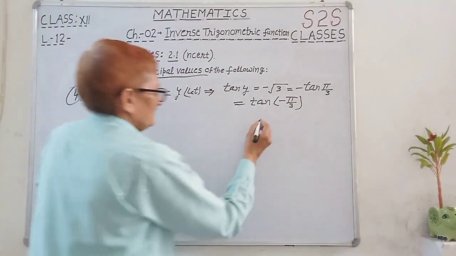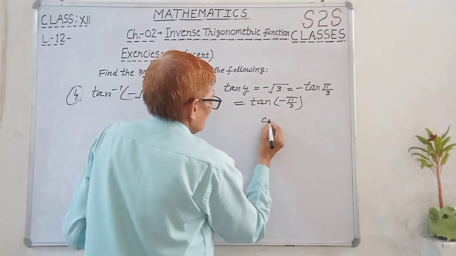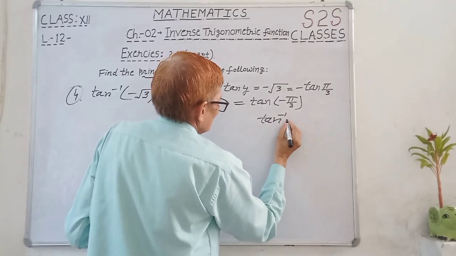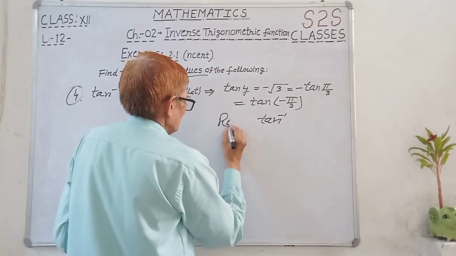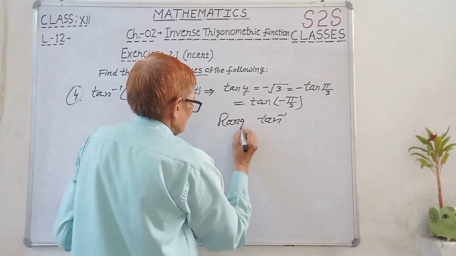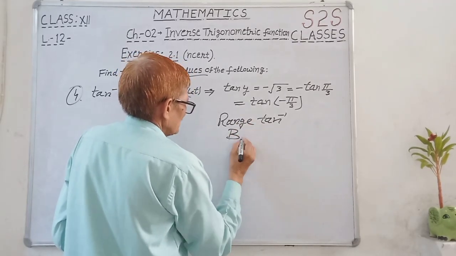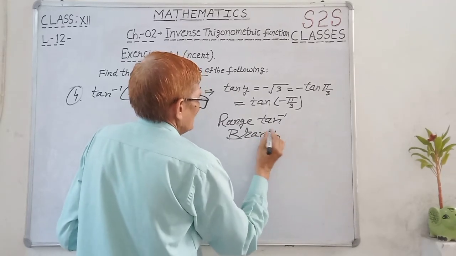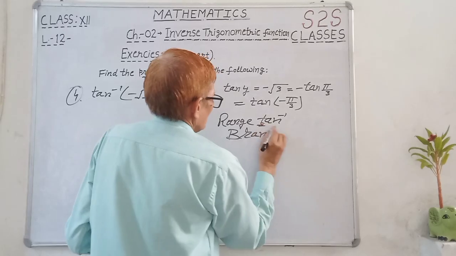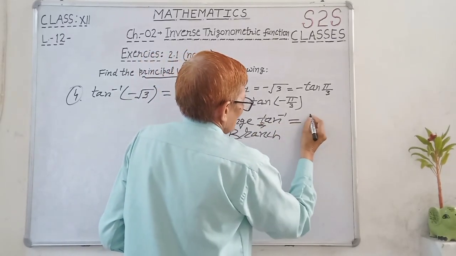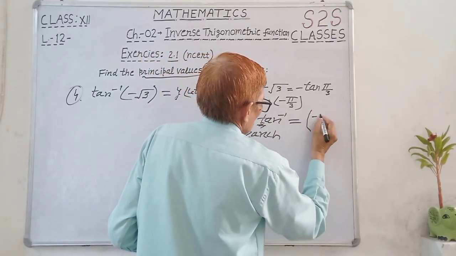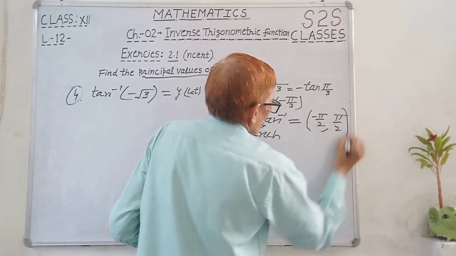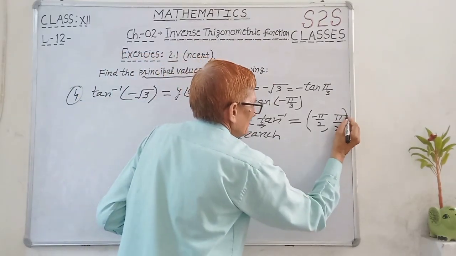Here we have to consider the range, the branch of the tan inverse function, which is the open interval minus pi by 2 to pi by 2.